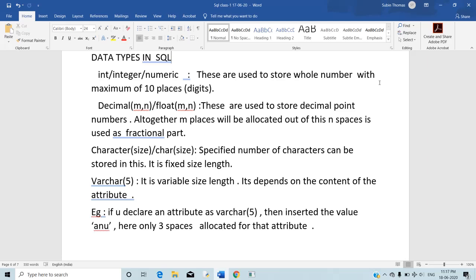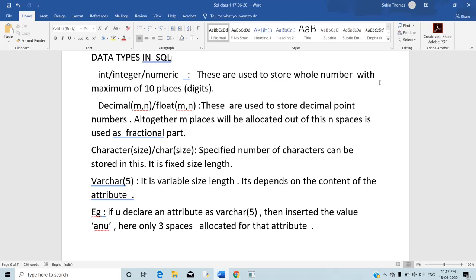Maximum you can store 10 digits in that attribute, so the maximum size allocated for this data type is 10. We can enter 10 digits for each record.